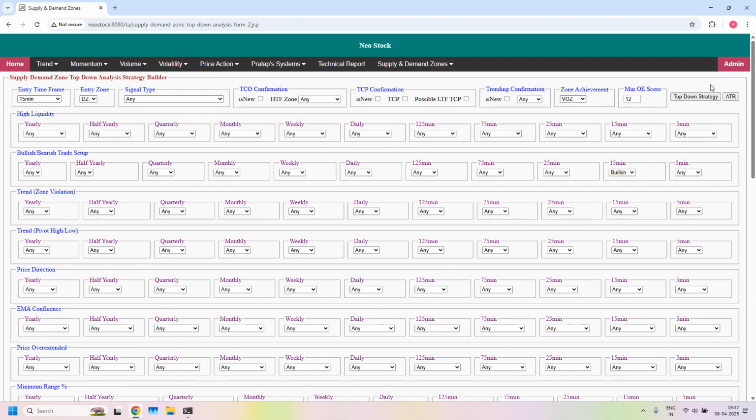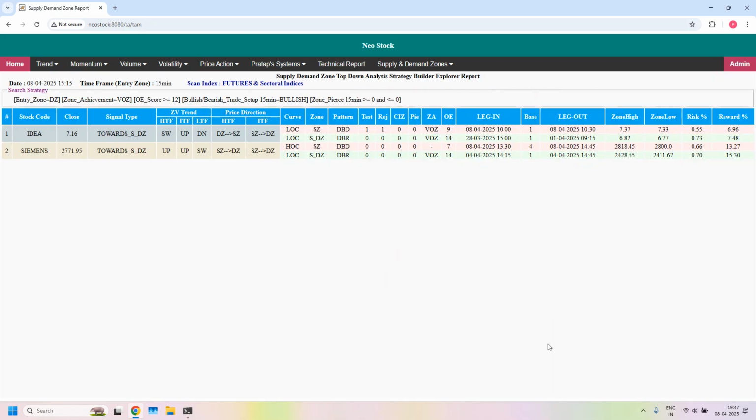So with these filters, we got only 2 stocks supporting bullish trade setup for daily income trade, and entry time frame zones are 15 minutes demand zones. Out of these 15 minutes demand zones, how many are having a zone confluence with ITF time frame? Let us verify.